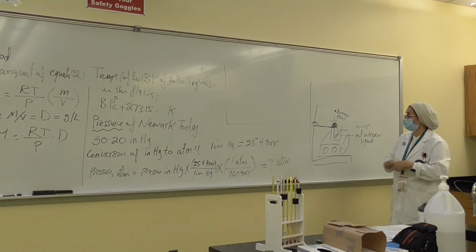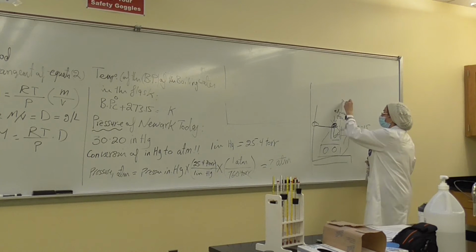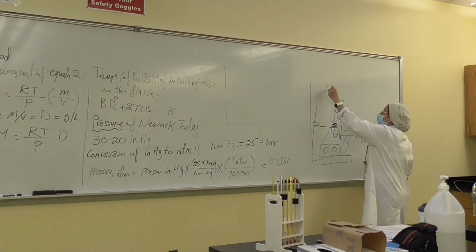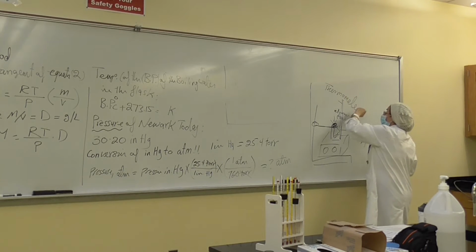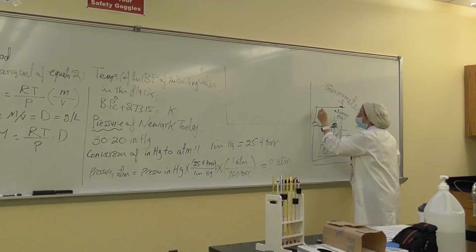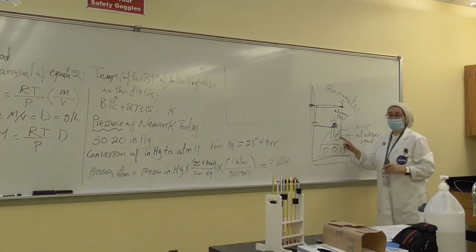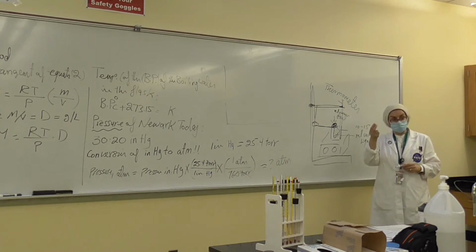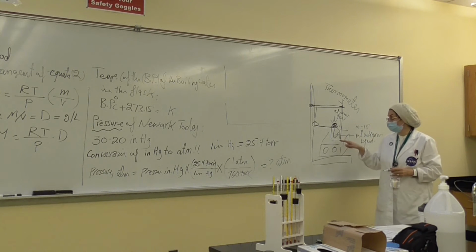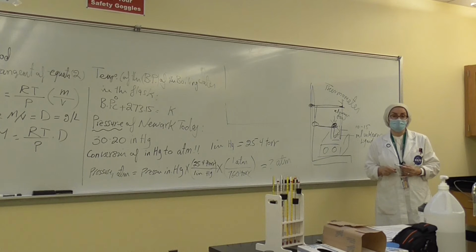Now you also need to have a thermometer, okay? And the thermometer has to be also clamped to the rail here. Make sure that the bulb, the bottom of your thermometer, doesn't touch the bottom of your beaker.